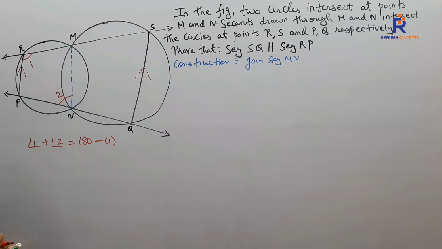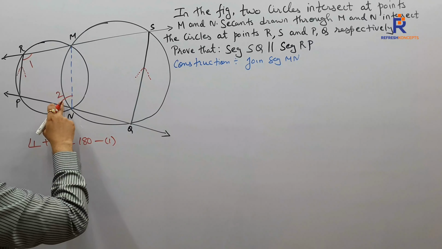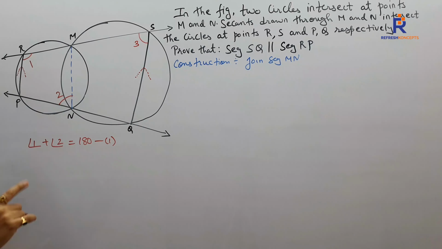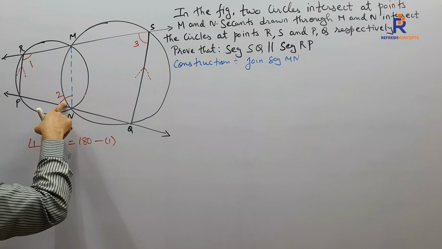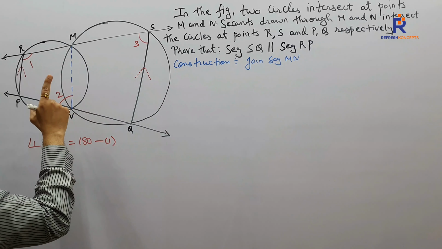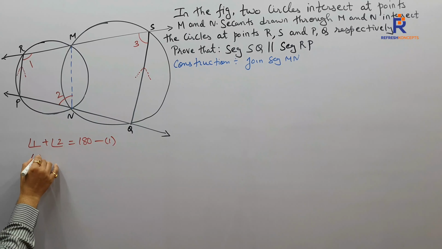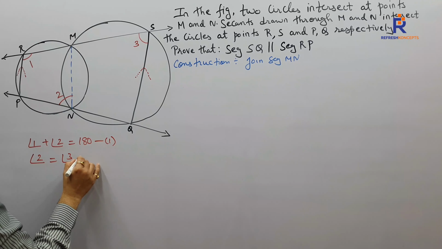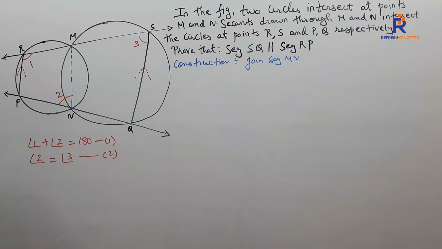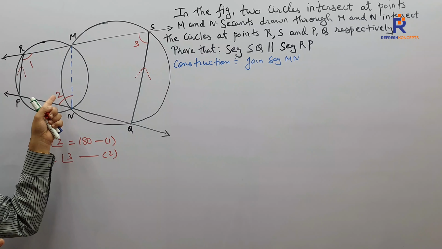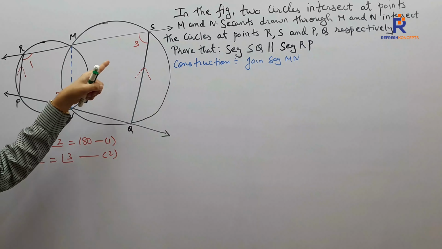What was the exterior angle property for a cyclic quadrilateral? The exterior angle is equal to the angle opposite to its adjacent interior angle. So it is angle 2 congruent to angle 3. Exterior angle is congruent to the angle opposite to its adjacent interior angle. So shall I say angle 2 is equal to angle 3? Equation number 2. Skeletal, mind you. First for the smaller circle, 1 plus 2. Then for the larger circle, 2 congruent to 3.